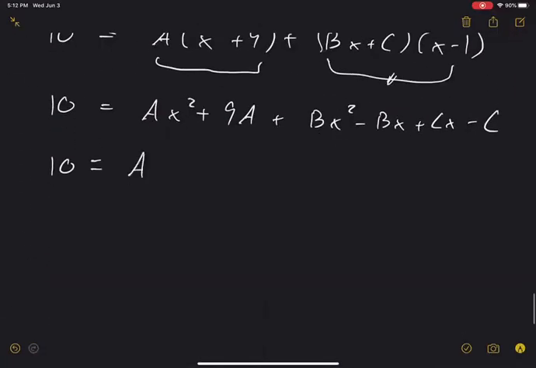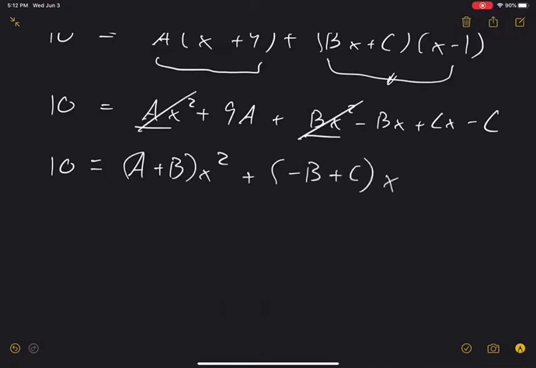So I have ax squared plus bx squared. I'll write that as a plus b times x squared. Okay, those are taken care of. Now I've got minus bx plus cx. I'll write that as negative b plus c times x. And then I've got constants 9a minus c.